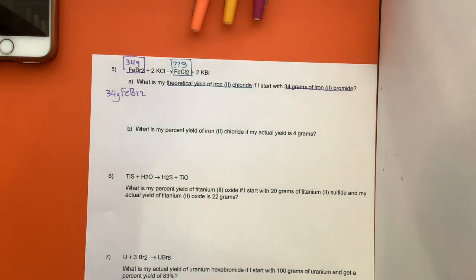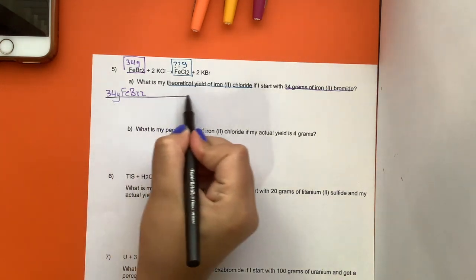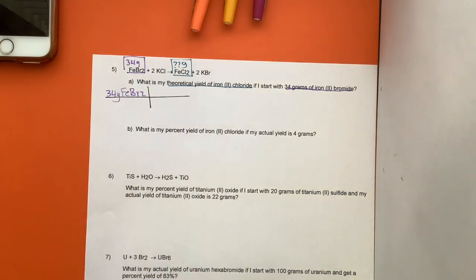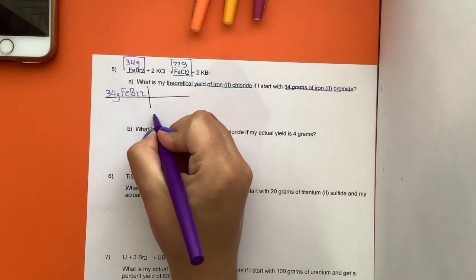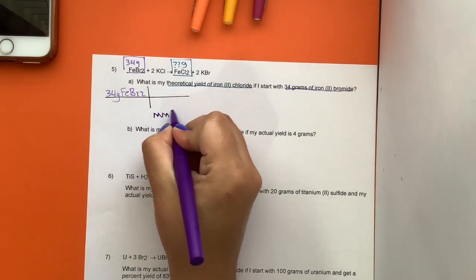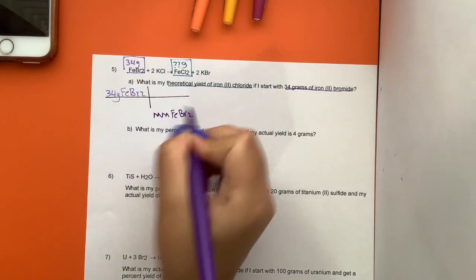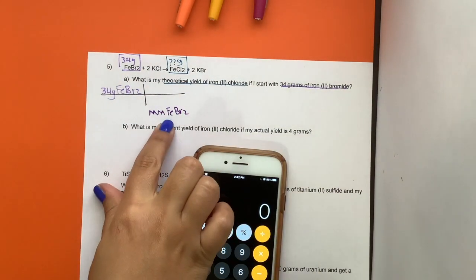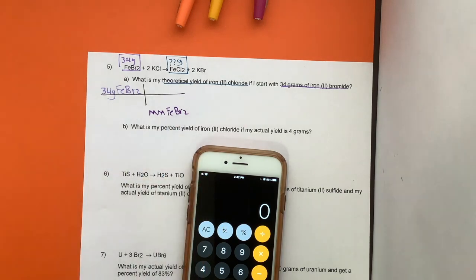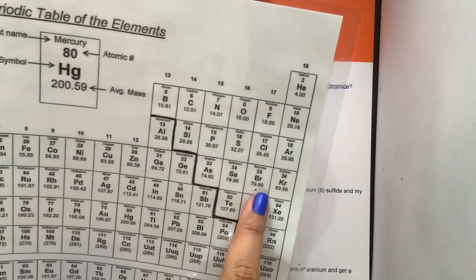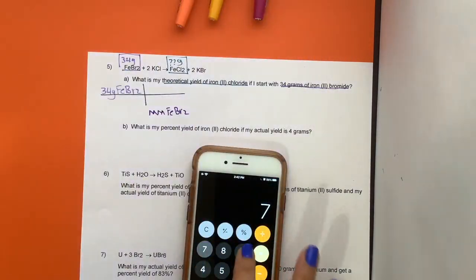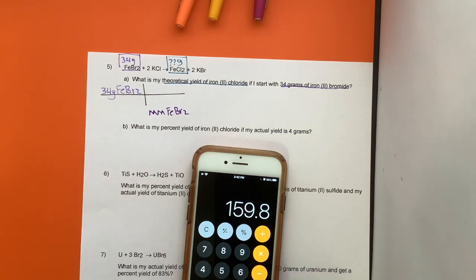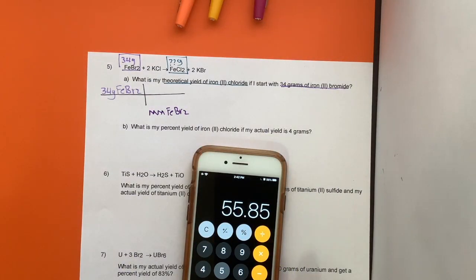Since I'm in grams, my first step is going to be to turn those grams into moles by looking at the molar mass of FeBr2. Okay, so I'm just going to do it on my calculator. I have 2 bromine. So 2 times the mass of bromine, which is 79.9, plus I have 1 iron, so plus the mass of 1 iron, which is 55.85.